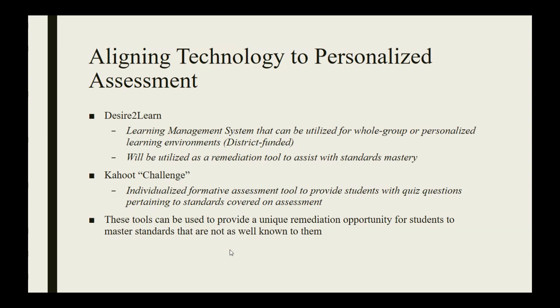It gives individual students a formative assessment tool that they can use at their own discretion, at their own pace. It's the same review questions. However, again, there's no time limit, and it gives the students the correct answers for them to know what will be on their post-assessment. But these tools both can be used to provide a unique remediation opportunity for students to master those standards that they need to be successful.